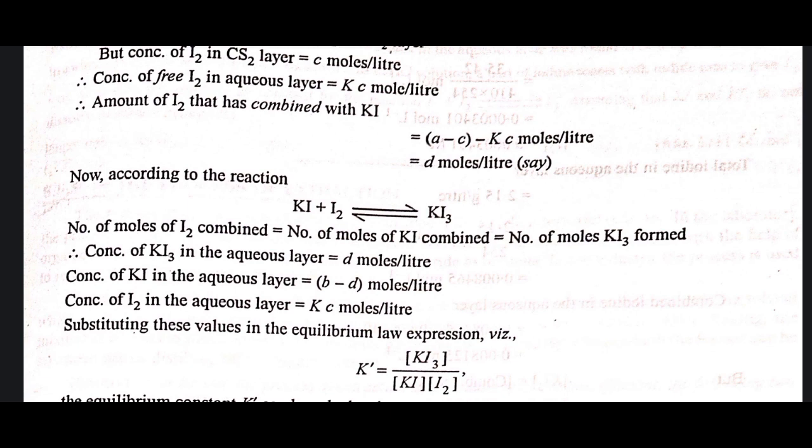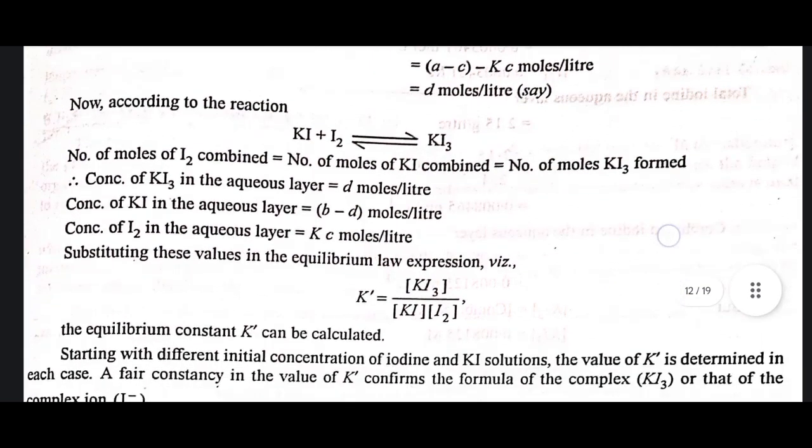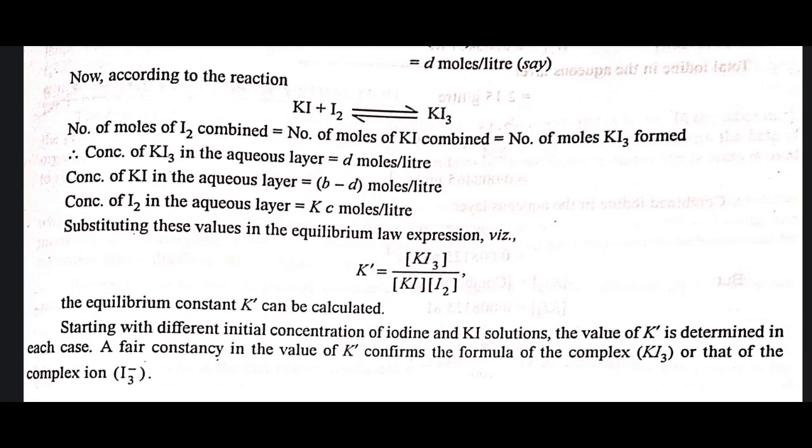Concentration of KI in the aqueous layer is equal to B minus T moles per liter. Concentration of I2 in the aqueous layer is equal to KC moles per liter. Substituting these values in the equilibrium law expression, K dash is equal to the concentration of KI3 divided by the concentration of KI into the concentration of I2.